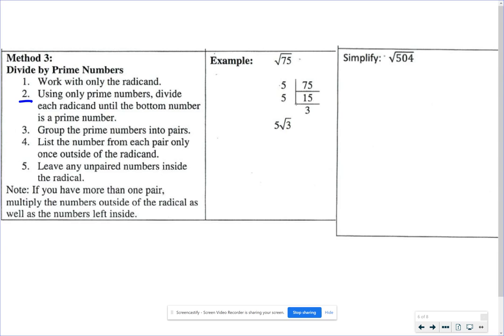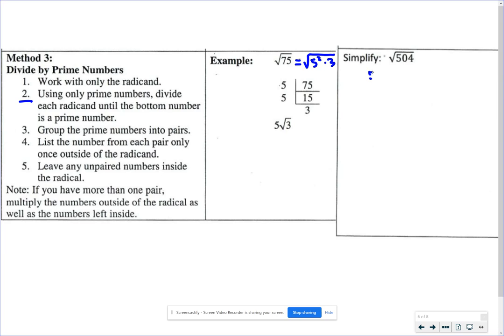So now I have a pair of 5s. And 15 divided by 5 is 3, so my factorization is 5 squared times 3. 5 squared comes out as a 5, and we have 5 radical 3. Very much like the previous method with the factor tree, it's just a little different way of organizing it, but we break it down into primes.